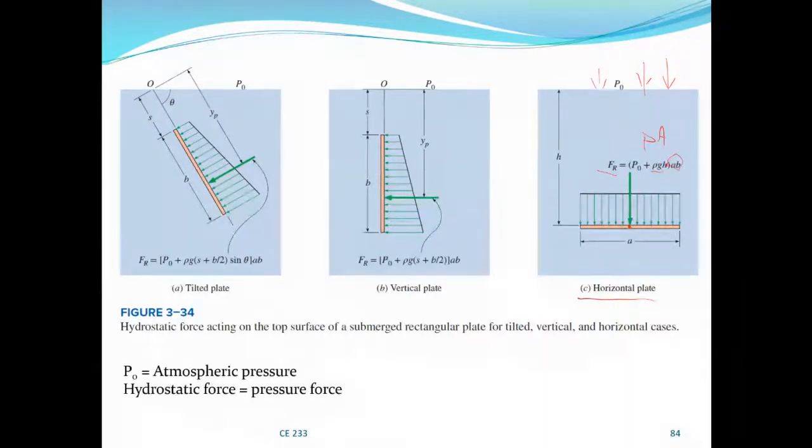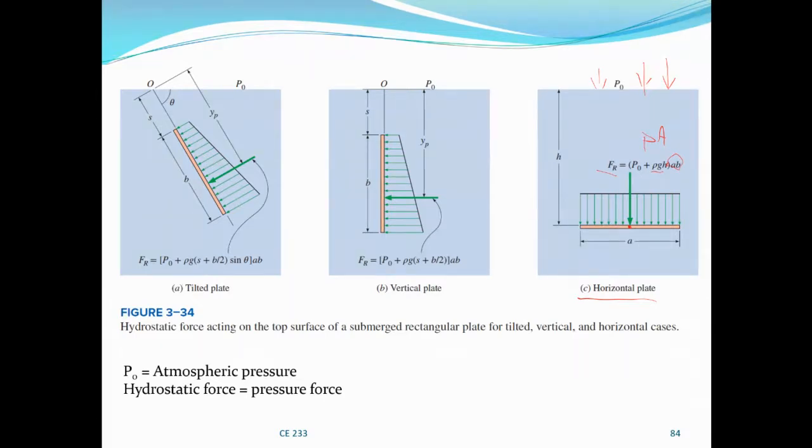If we ignore the atmospheric pressure, then P naught is 0, meaning we work with only the gauge pressure. This will become important if we have another liquid on top, in which case we will have to consider P naught not equal to 0.